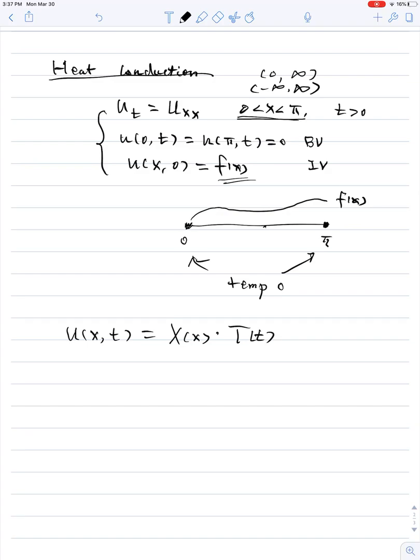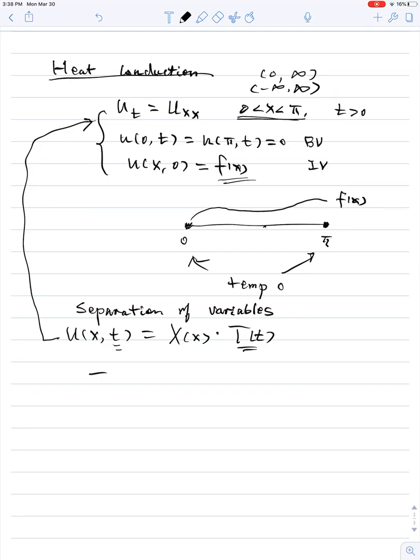This method we usually refer to as separation of variables. Now we plug this back into the equation, and remember when we find the partial derivative with respect to t, we only involve this term.